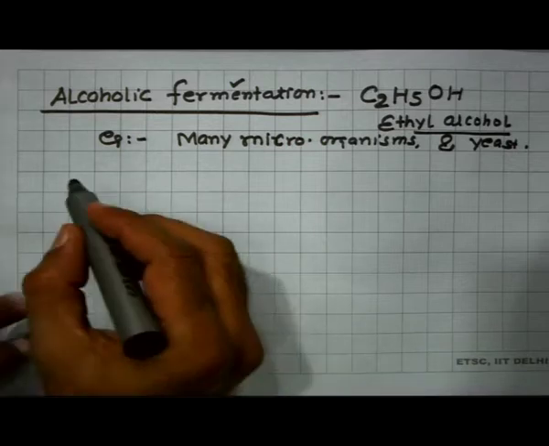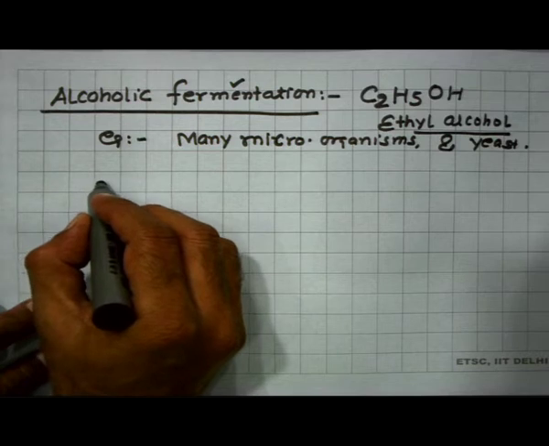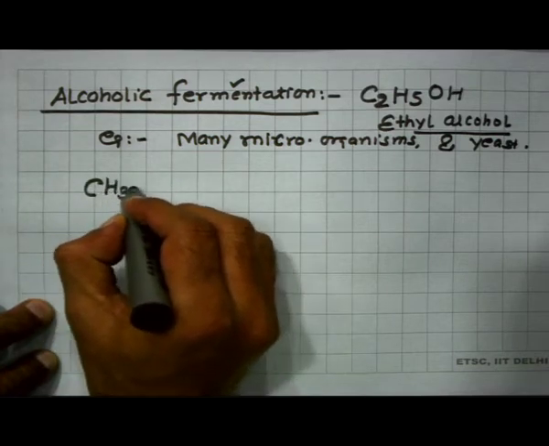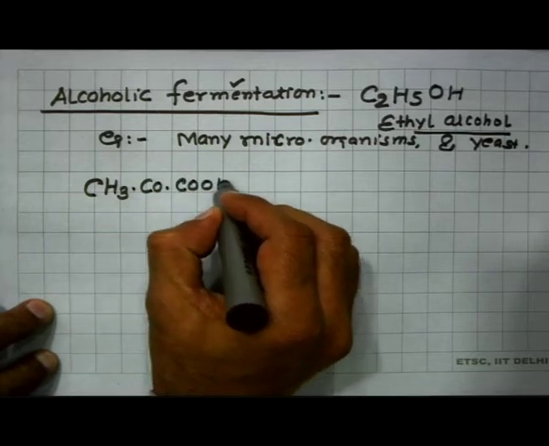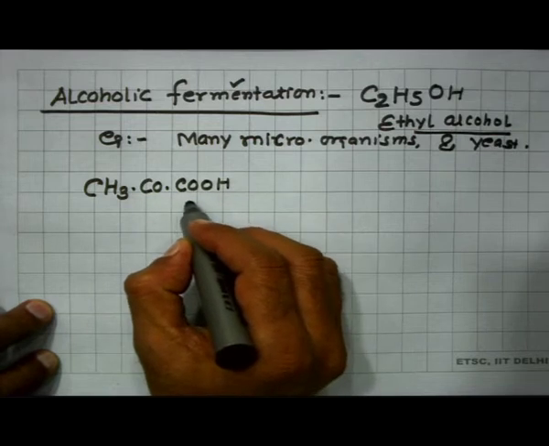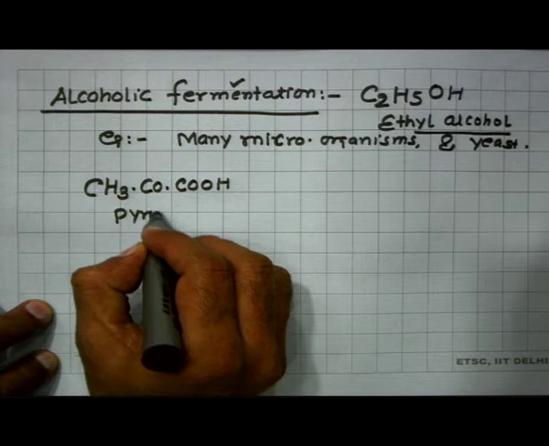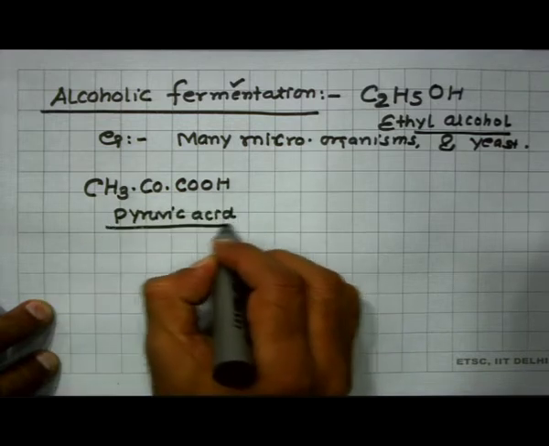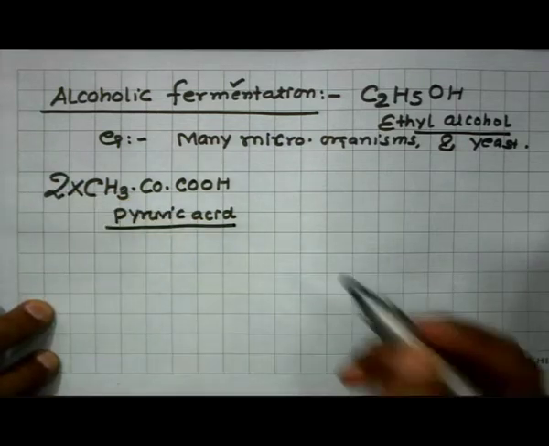The end product of glycolysis, that is pyruvic acid, we have already discussed its structure, CH3COCOOH. Two molecules of pyruvic acid are formed in glycolysis.